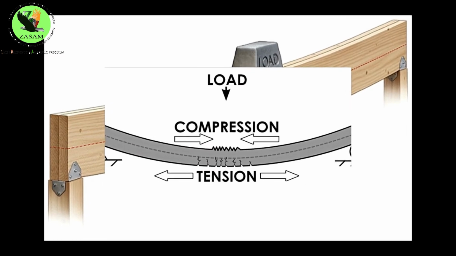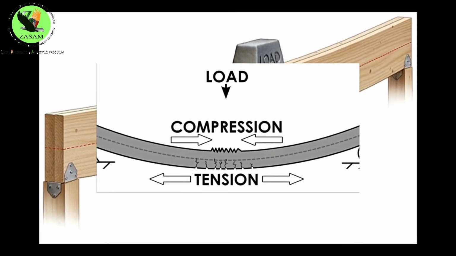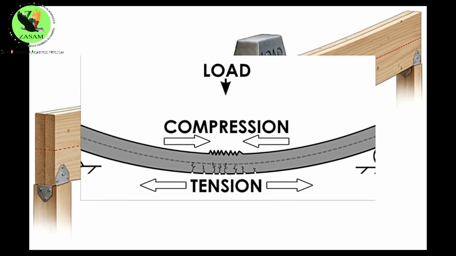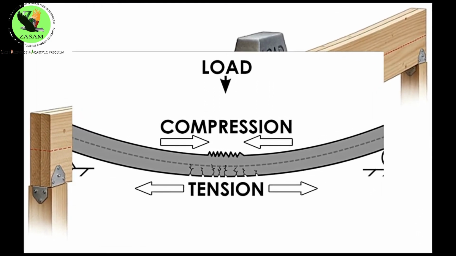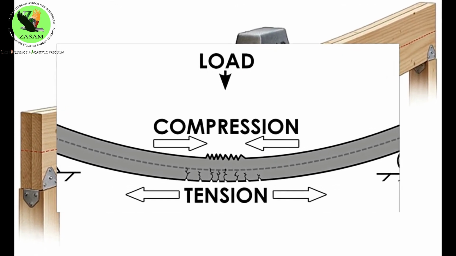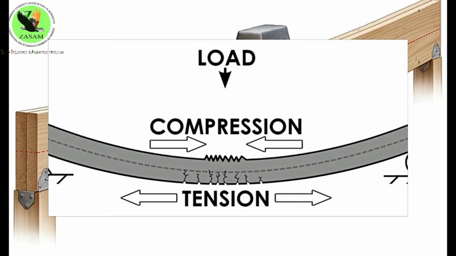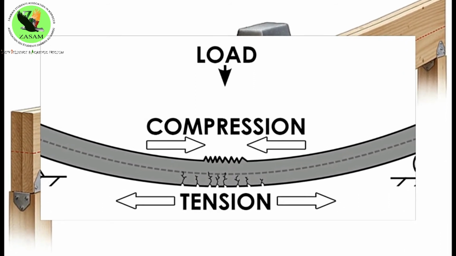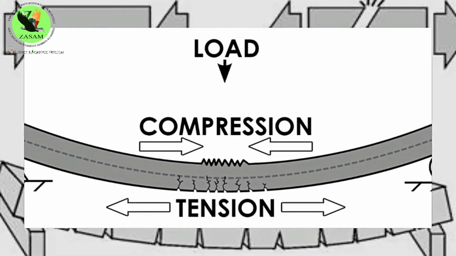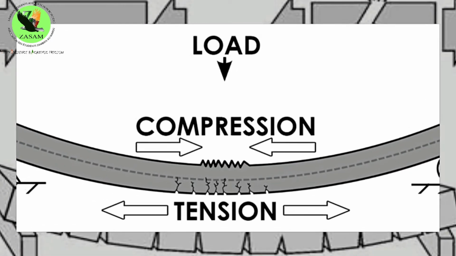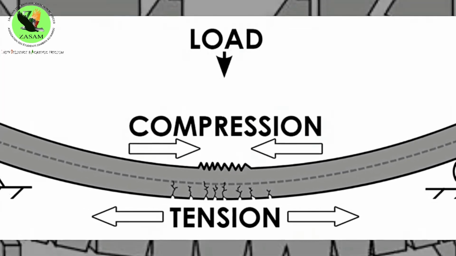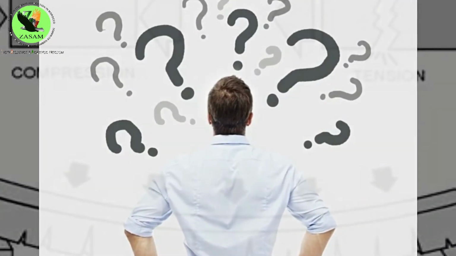Here before your eyes we see an image explaining how these forces are distributed. So we see the compressive forces trying to squeeze the element, and the tensile forces trying to take it apart.